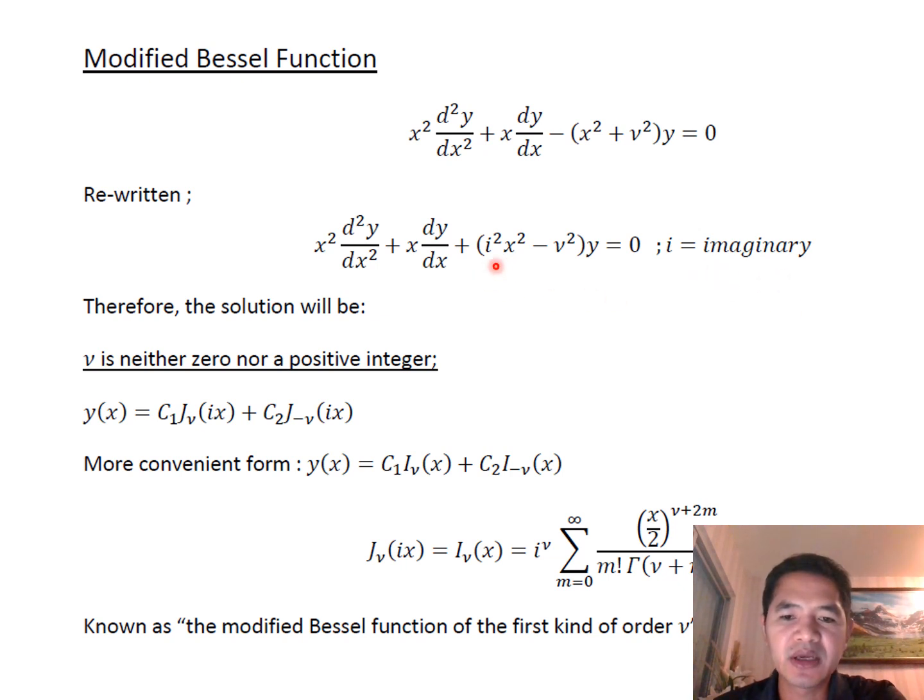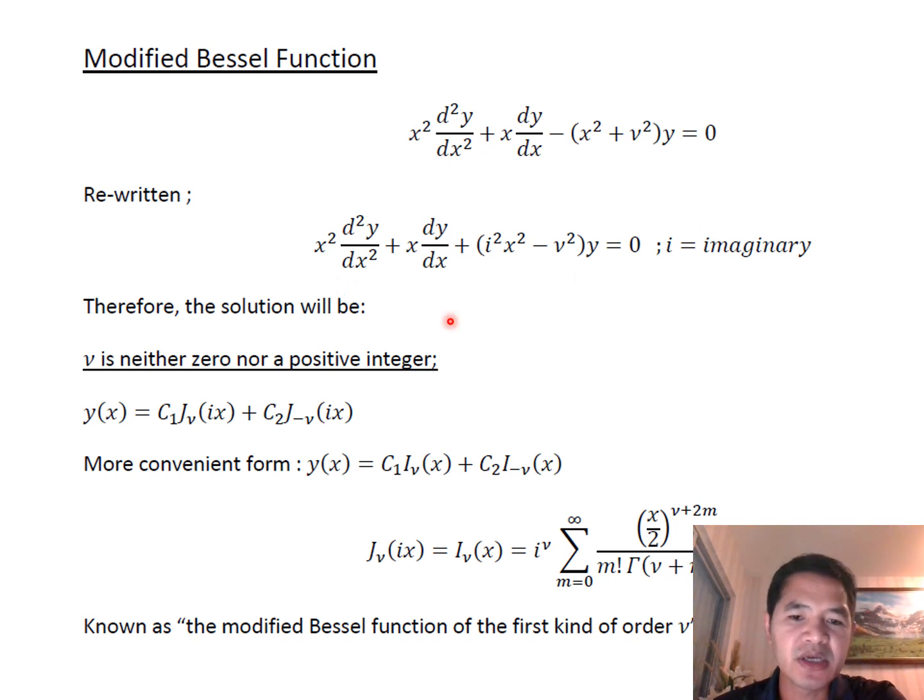Okay, times x squared minus nu squared times y equal to 0, and this form will also have answers in terms of Bessel's equation.